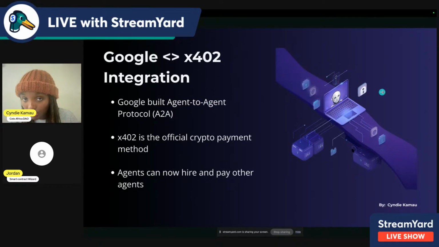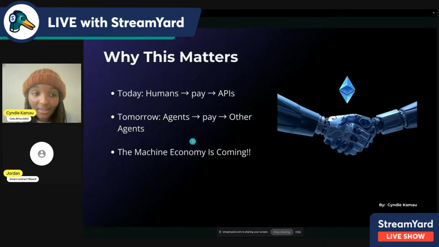So it's a marriage in blockchain, like Jordan has said. And this is in a very ripe economy, because we're in the machine era right now. Agents now have an automated system to be able to pay for services from other agents as well. So the machine economy is growing.